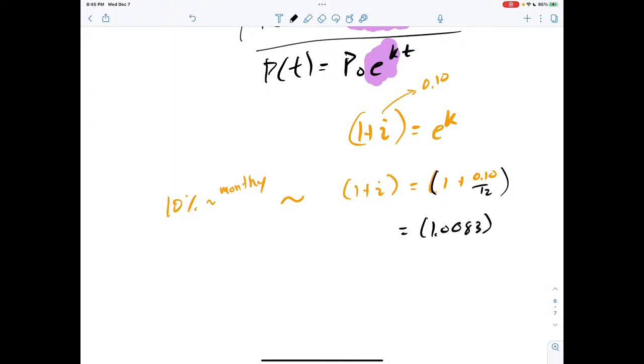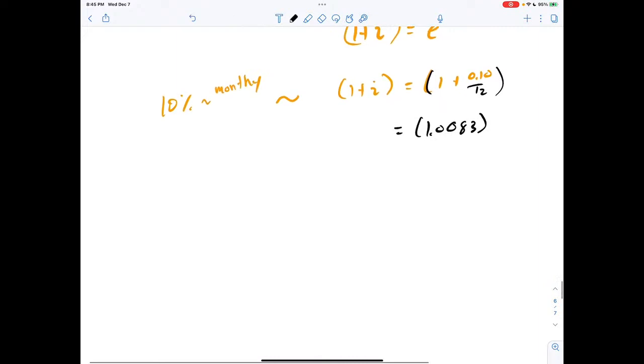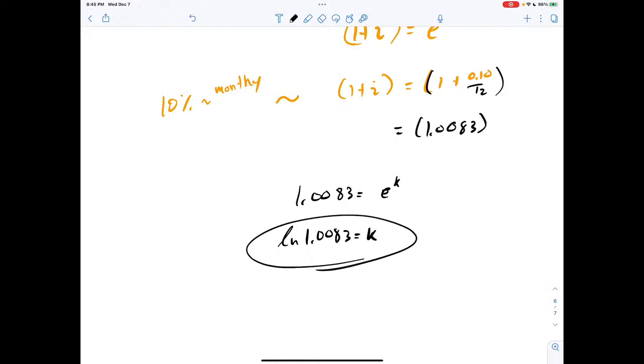Then if I want to compute the effective rate of interest, I'd have to take that value and set it equal to e to the k, and then solve. So you take the ln of both sides, and that's my k value.